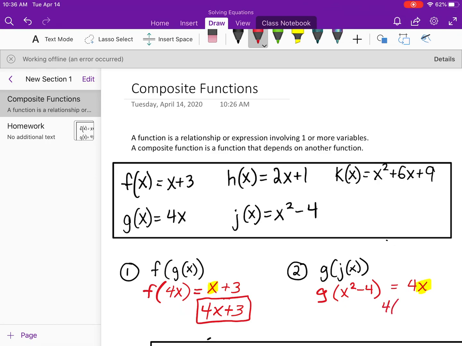So it'll look like this: 4 times x squared minus 4. Now for this problem, I'm going to have to use the distributive property to finish it out. 4 times x squared is 4x squared, and then 4 times negative 4 is negative 16. That's it, 4x squared minus 16.